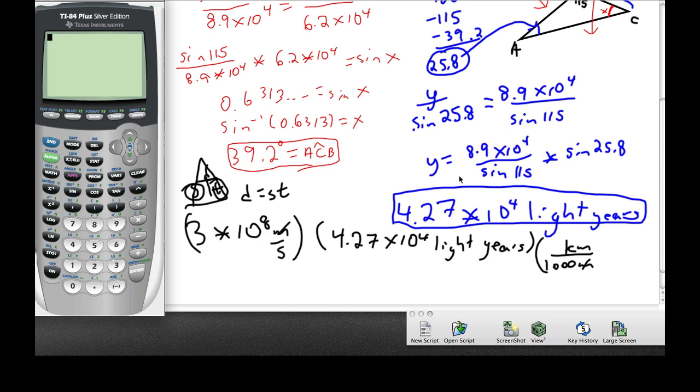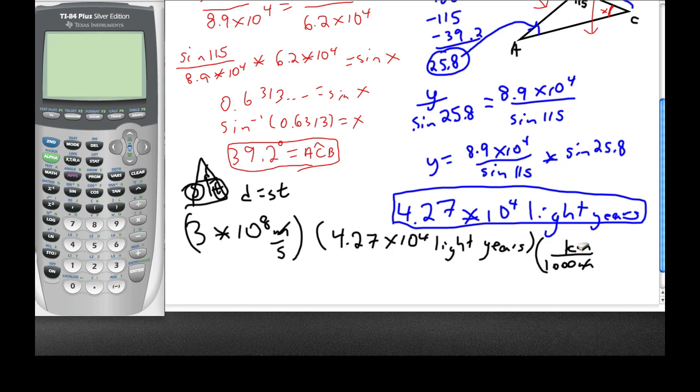Okay, so 4.27 times 10 to the 4 light years was the answer to part B. This is the speed that light travels in meters per second. Here is the distance in light years, so focus on the years here. And we wanted kilometers, not meters. So there's 1,000 meters in a kilometer. So this number will be divided by 1,000, so it can become 3 times 10 to the 4.